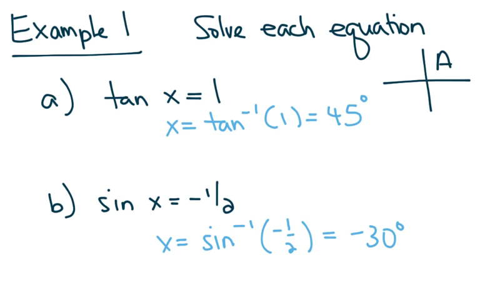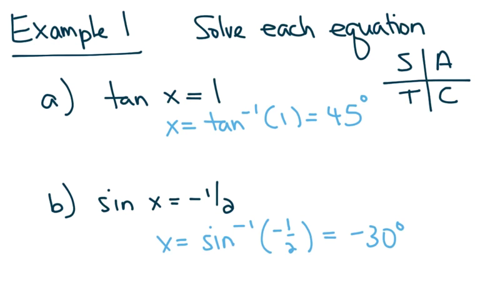There is this acronym that I've mentioned before but didn't do much with for determining what quadrants your trig functions will be positive. And the acronym is All Students Take Calculus. And it starts in Quadrant 1, goes to Quadrant 4.